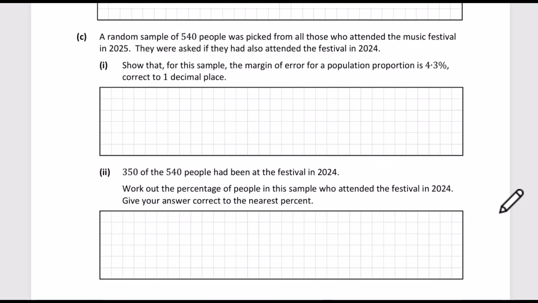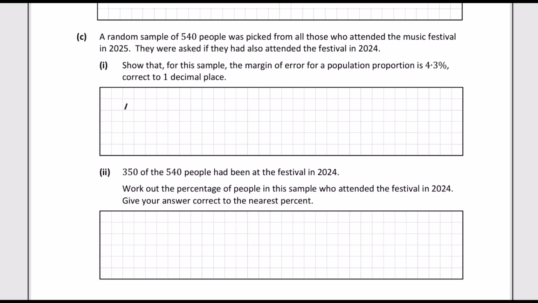Okay, next one then. A random sample of 540 people was picked from all those who attended the music festival in 2025. They were asked if they had also attended the festival in 2024. Show that for this sample, the margin of error for a population proportion is 4.3%. So the margin of error, if you like, is just going to be 1 over square root of n.